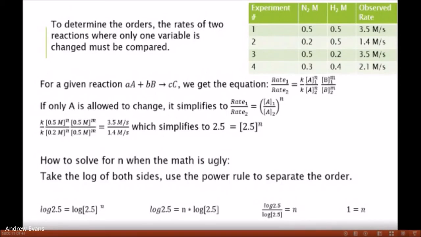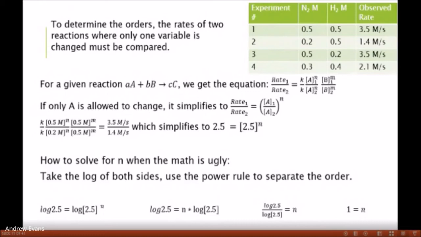So looking at that, if I set reaction 1 to reaction 2, see what happens. We saw the rate changed from 3.5 to 1.4 when the concentration went from 0.5 to 0.2. If you solve 0.5 over 0.2, that's a ratio of 2.5. 3.5 over 1.4 is also 2.5.